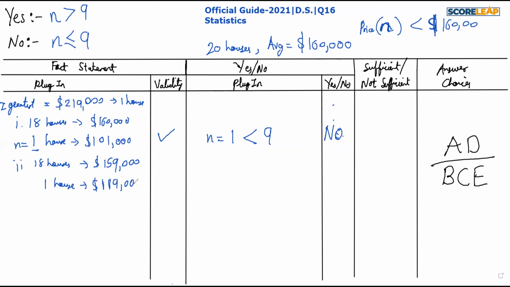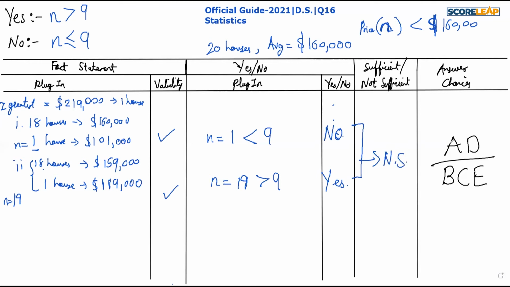If you figure out the average of these 18 houses, this one house and the greatest priced house, it will come to $160,000 only. So how many houses in total are valued lower than $160,000? 19 houses. So n is equal to 19, and 19 is greater than 9. So we get a yes over here. Once we get a yes and a no, the statement is not sufficient.